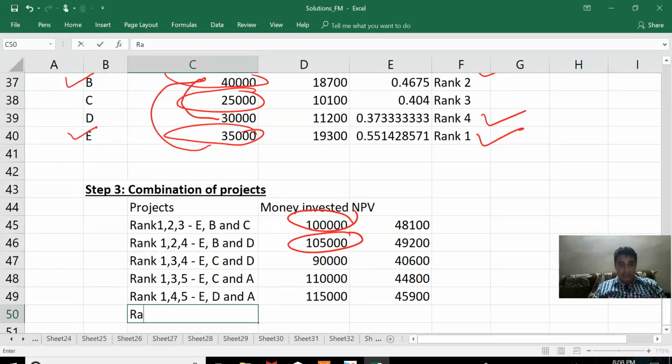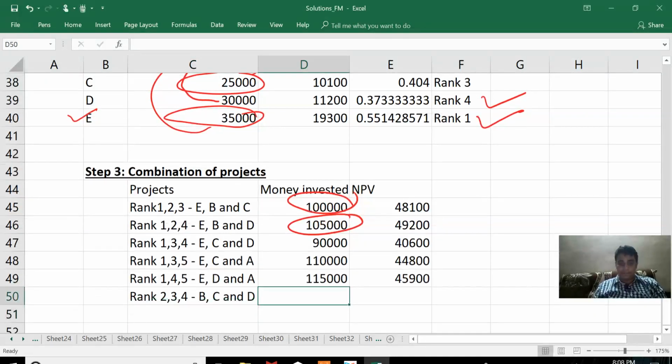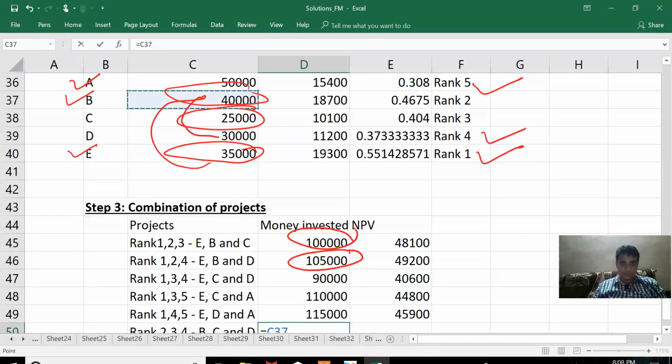Now let me try another combination, rank 2, 3, 4. We are eliminating the project 1 itself. Maybe it doesn't make sense to do rank 1 project. Maybe, I'm not sure on that. So, B, C and D. 40,000 plus 25,000.